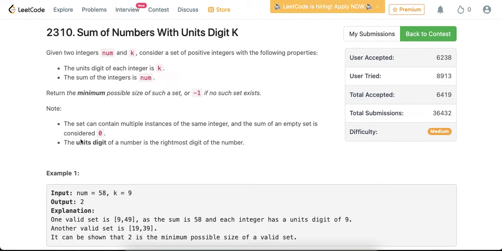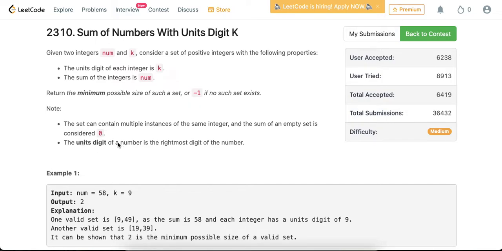It means that the empty set is considered as an answer. Choosing nothing is considered a good answer if it fulfills the value. This is an edge case: when num is 0, we can always solve it. It is trivially solved because returning an empty set will answer it.